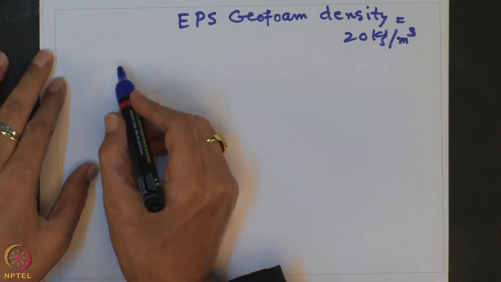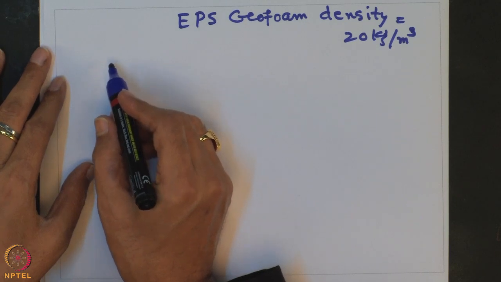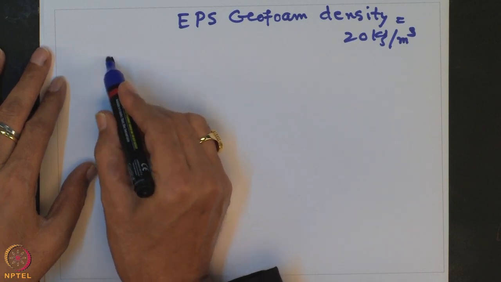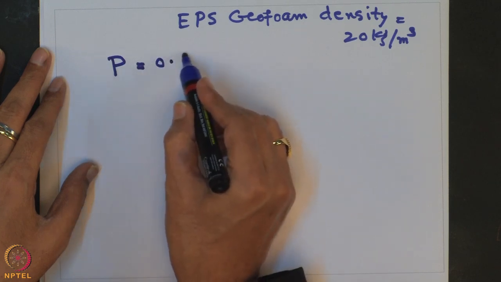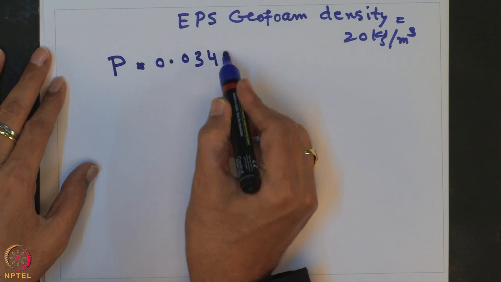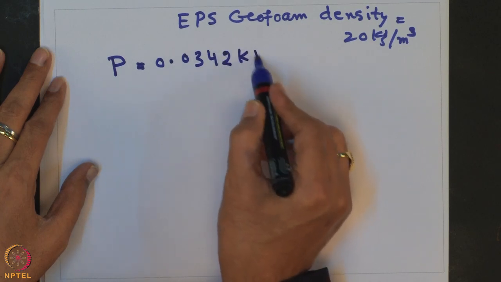So, let us say from the testing result you obtain that P is equal to 0.0342 kilonewton.